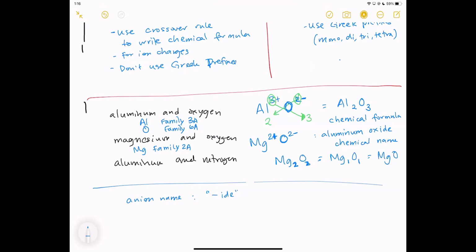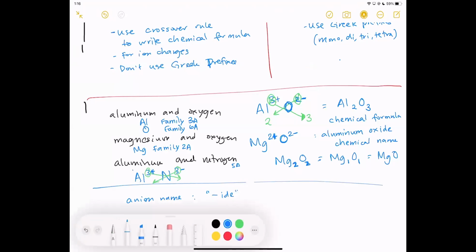Okay, and then aluminum and nitrogen. Aluminum is in family 3A, it's still Al3+. And then nitrogen. So what family is nitrogen in? That's in family 5A, and everything in family 5A is a -3 ion. So that's -3. Then you're going to use the crossover rule, get rid of the plus and minus signs, and you have Al3N3.